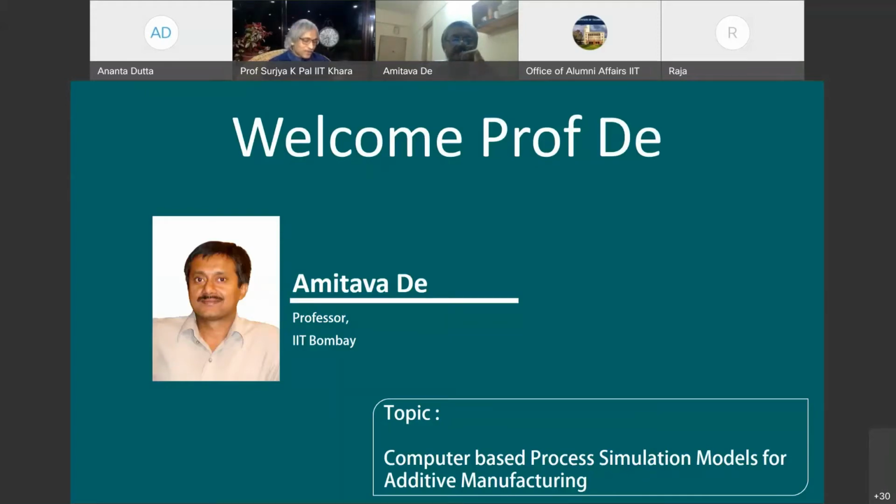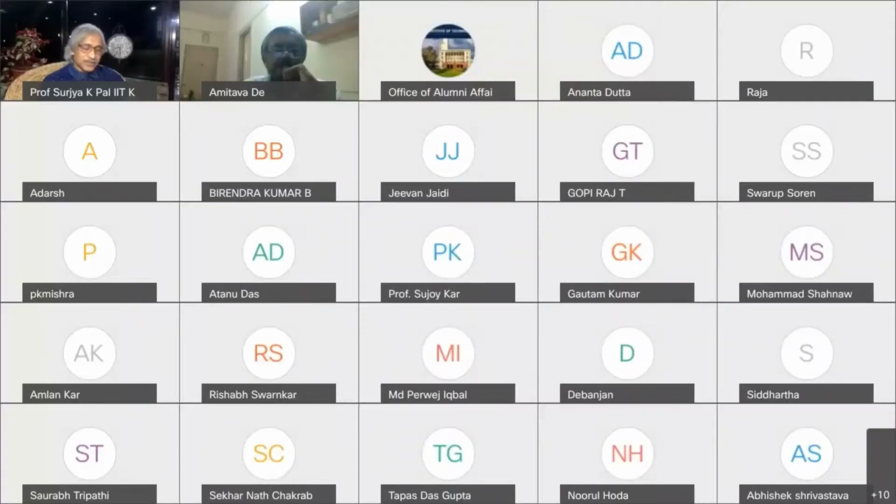Professor Amitava Dey completed his Bachelor of Engineering from Indian Institute of Engineering, Science and Technology, formerly known as the BE College, Shibpur, West Bengal, and MTech and PhD degrees from Indian Institute of Technology, Kharagpur, India, respectively in 1989, 1991, and 1996. Later, he became a postdoctoral scholar at the Institute of Joining and Coating Technology, Technical University, Berlin, for 2 years under the DAAD Fellowship.